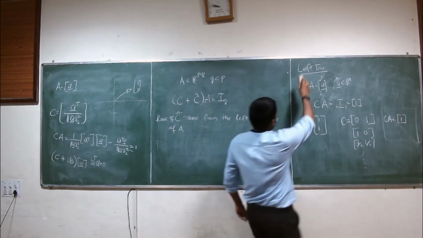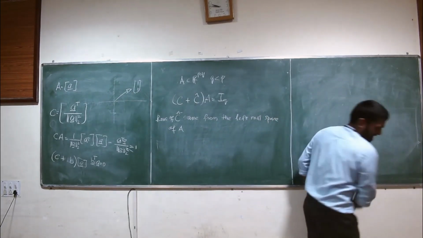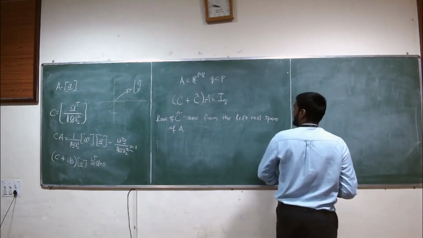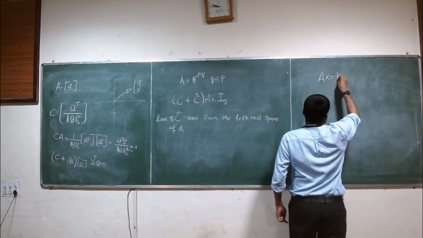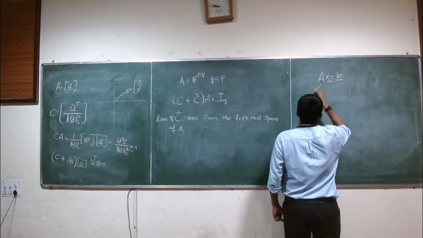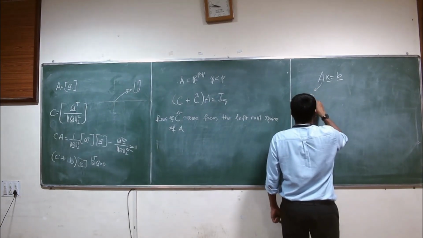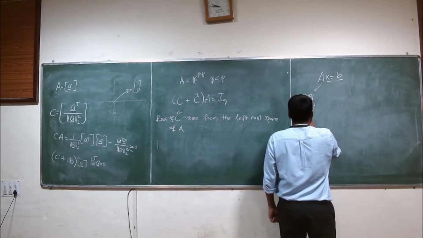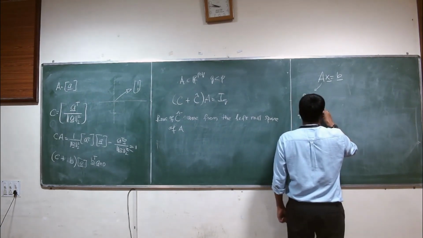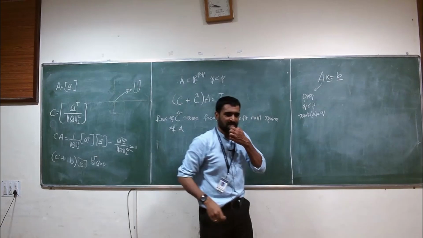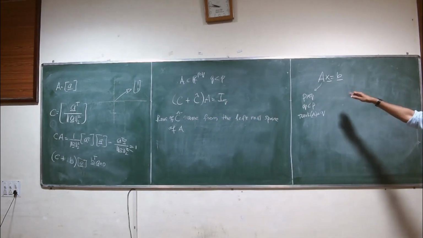Okay. Now this brings us to this question. What if I have a system of equations like this, and A is tall, P cross Q, Q is less than P, and rank of A equals Q. Now the question is, okay, we know that this has a left inverse.